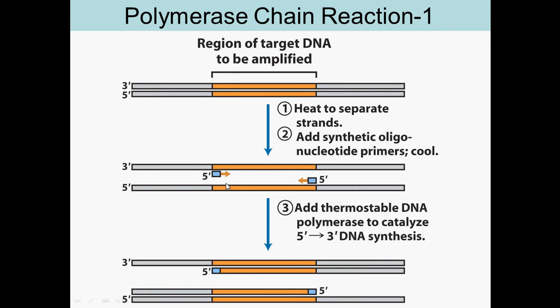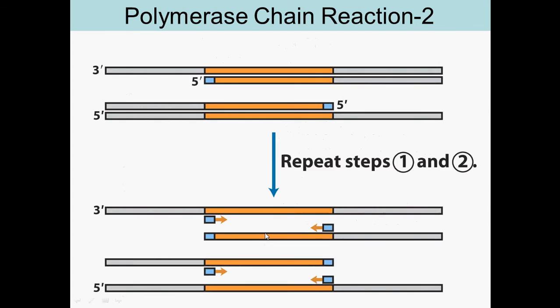So after the first run through, this part's going to get cut off, and this part's going to get cut off, but you have this extra and this extra after the first cycle of the PCR. Usually you just program the machine to like 20 cycles at the same time.